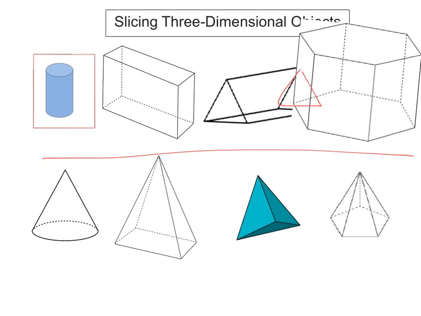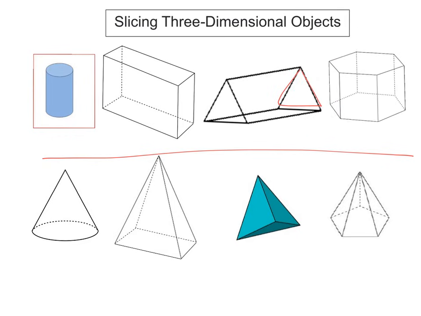On this far one, you've got a bunch of rectangles. We've actually got 6 rectangles, but then for the other shapes, we've got hexagons. So this is a hexagonal prism. Prisms and cylinders are shapes that have 2 bases.